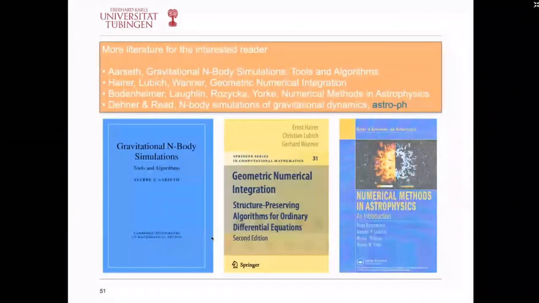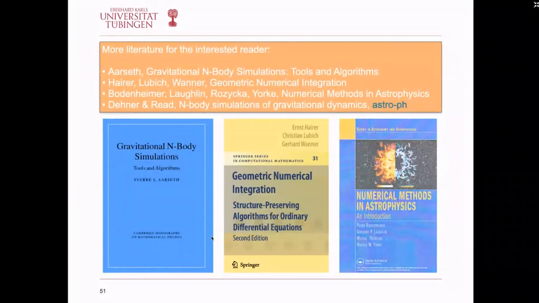I have put here some links for more literature, of course. I've taken stuff for the slides from this famous book by Sverre Aarseth, Gravitational N-Body Simulations. This is a nice book. It's an older book, of course, but he is one of the key persons who have driven the applications and the new developments in N-body simulations.